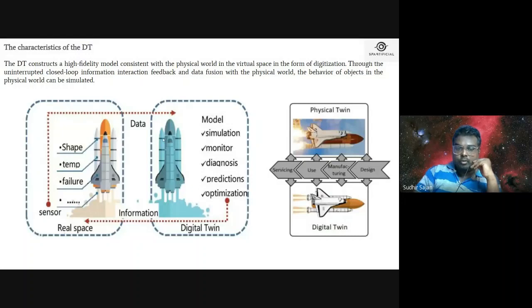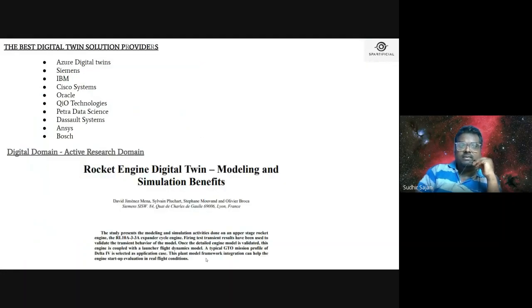The complete rocket could be troubleshot, designed, manufactured, and tested using a digital twin. And digital twin is powered by artificial intelligence, which is machine learning, because people are doing the research.